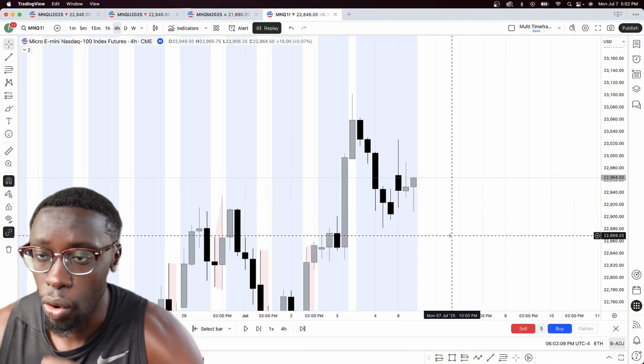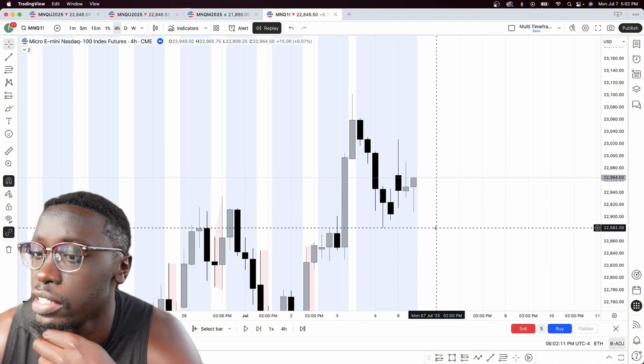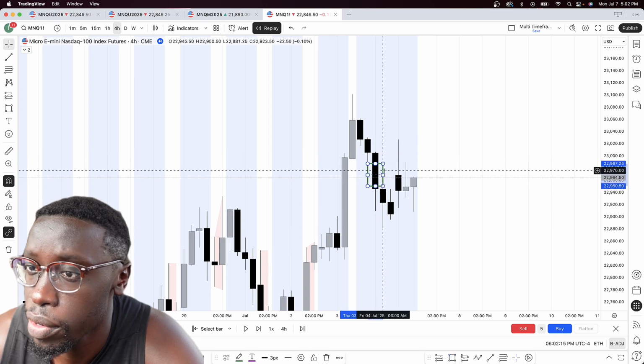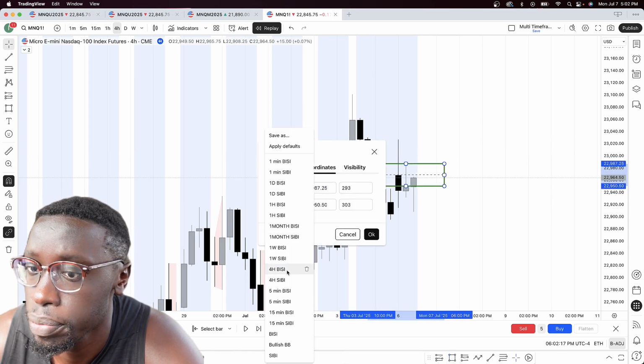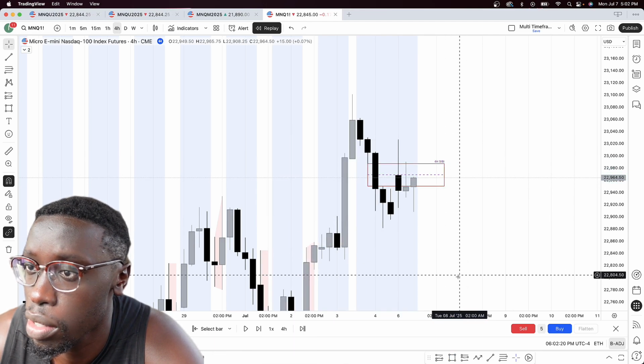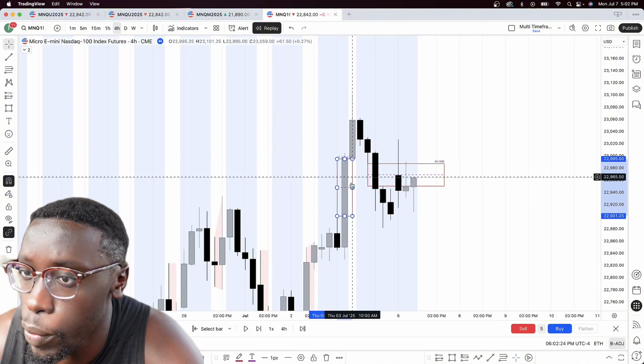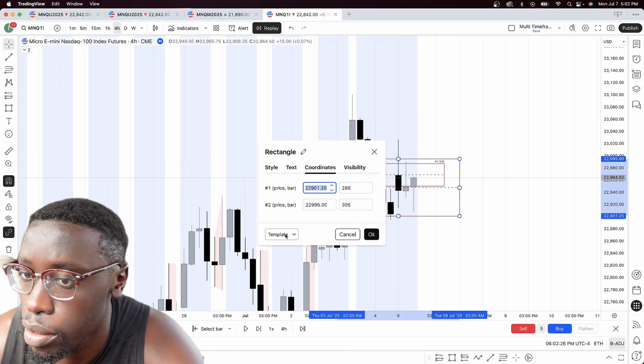So going into the New York session this morning, we had a few fair value gaps to note here. We had a 4-hour bearish fair value gap here, right? And we had a 4-hour bullish fair value gap, right?